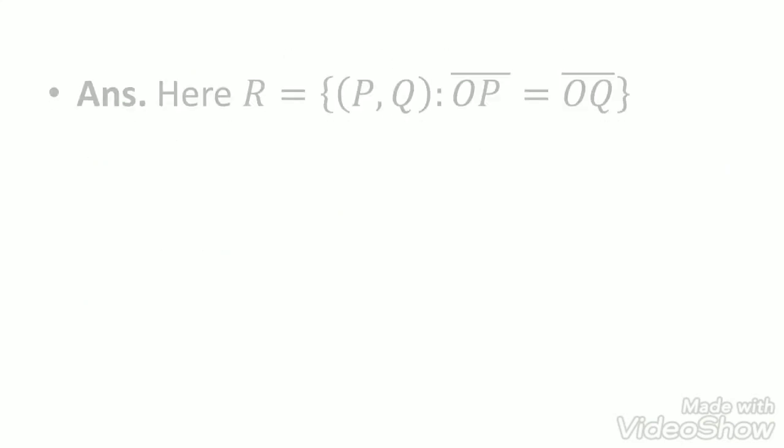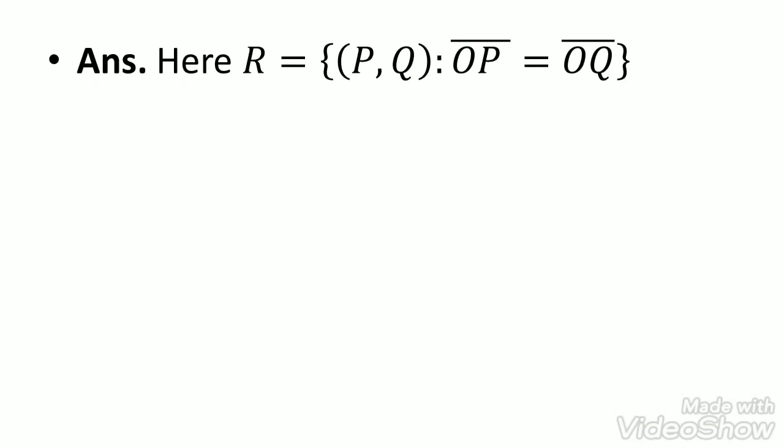Now you can see here R is nothing but pairs of points on a plane such that the points will relate to each other if their distances from the origin are equal. Just like P and Q relate to each other if OP equals OQ, where O is the origin.